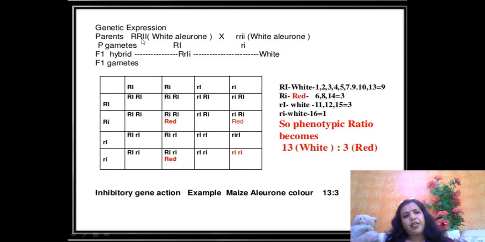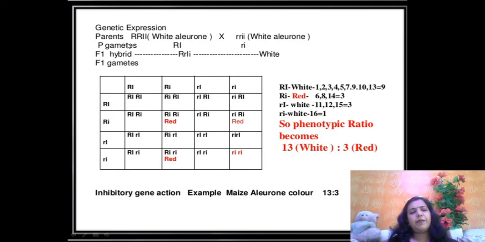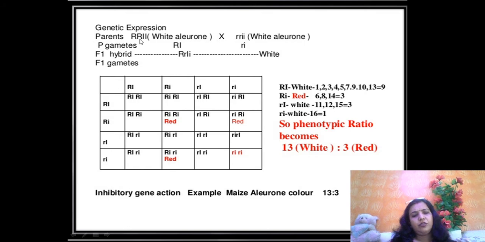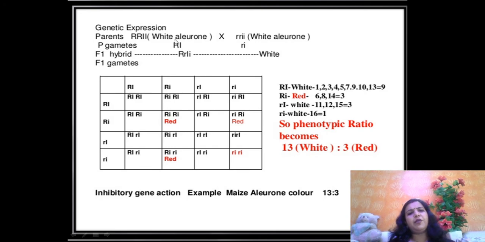These are two parents, capital R, capital I, and small r, small i. Capital R, capital I, two genes are present in dominant form. R is able to produce red color, but in the presence of capital I, it is not able to produce its phenotypic expression. That's why the color of the aleurone layer will be white.